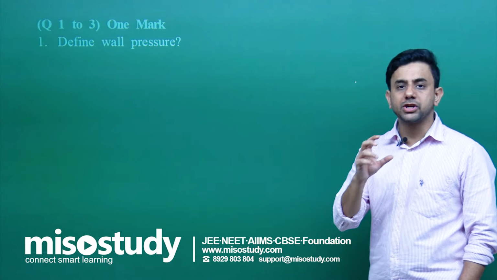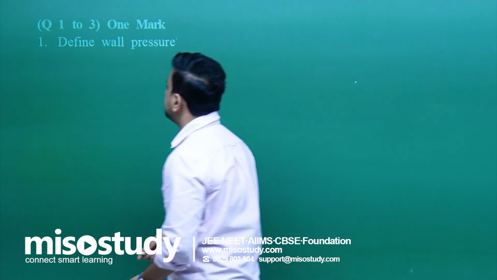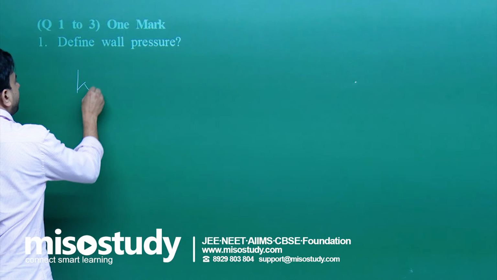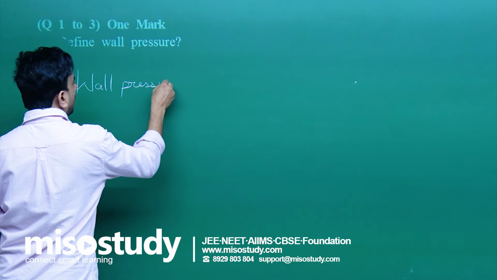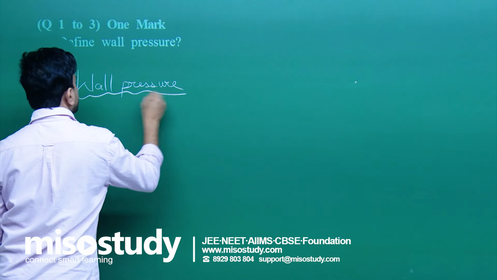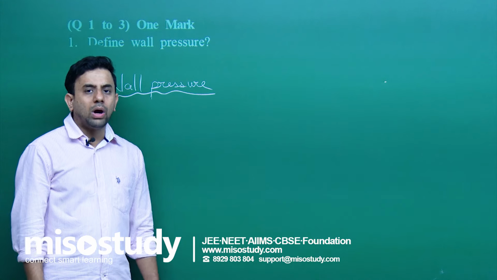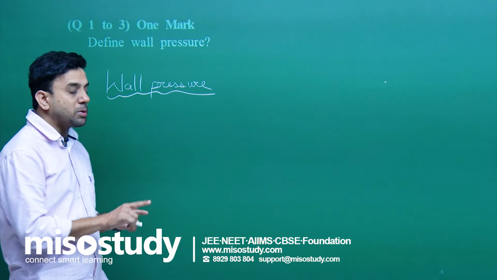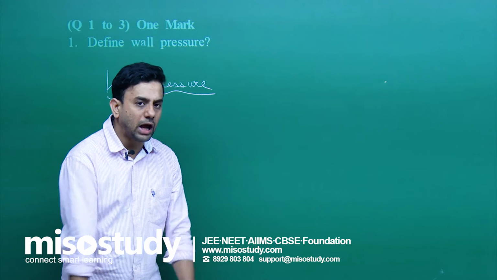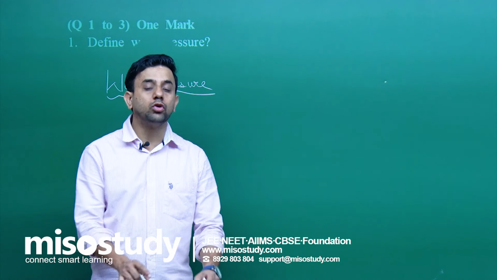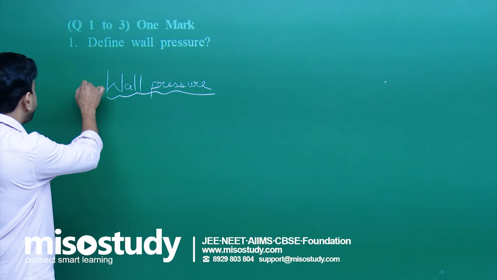Define wall pressure. These are all 1 mark questions. So, we will see what is wall pressure. Now, one thing we should know is that the wall pressure and the turgor pressure exerted are equal in magnitude, but opposite in direction, right.